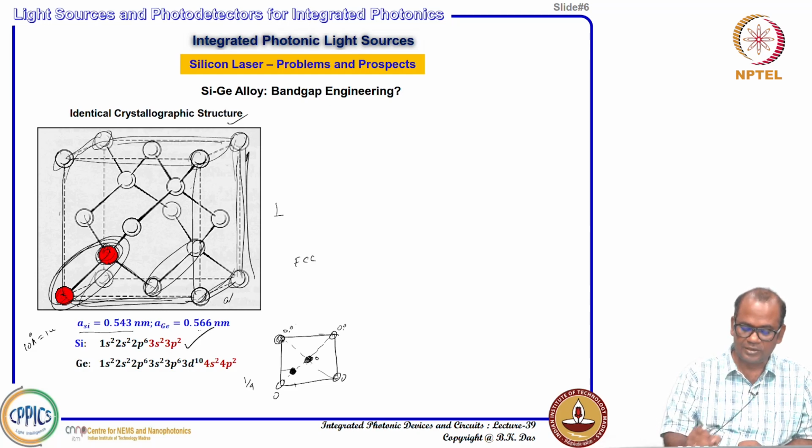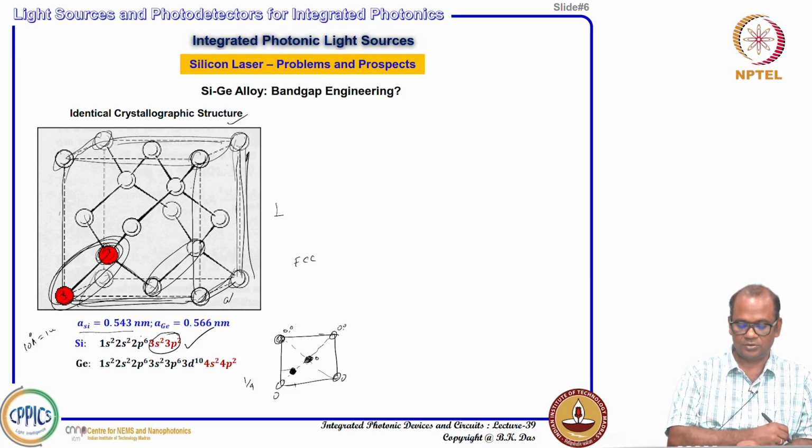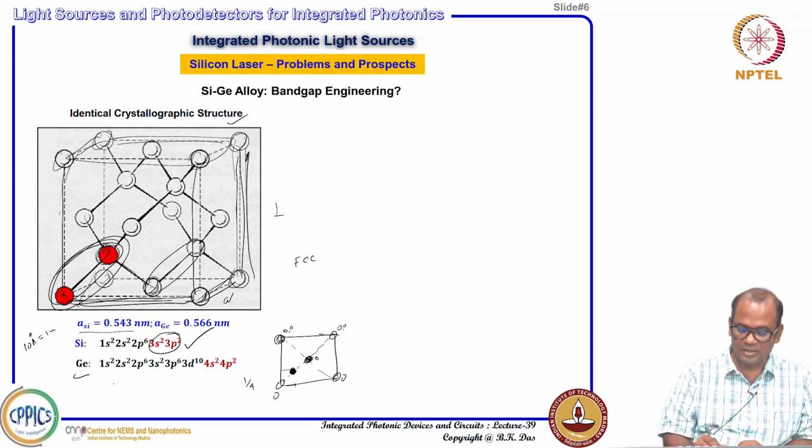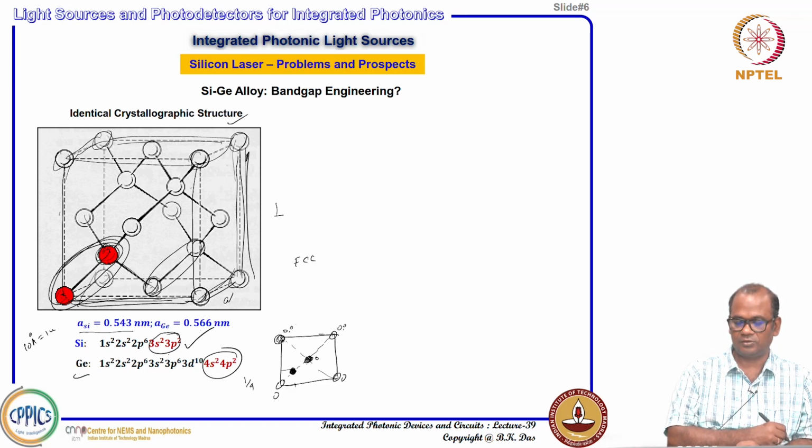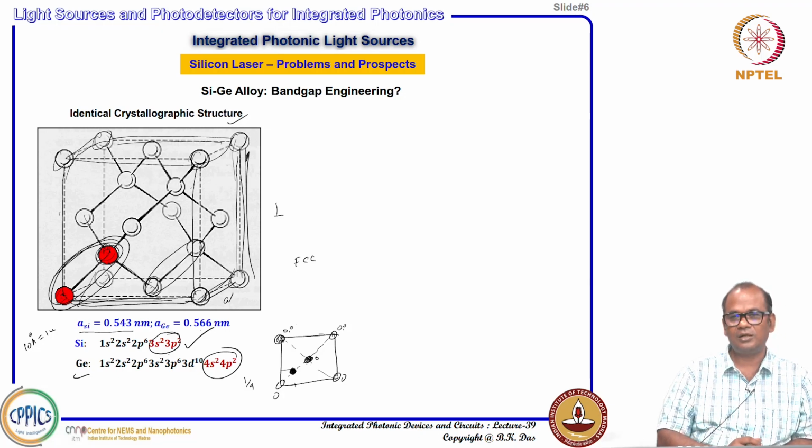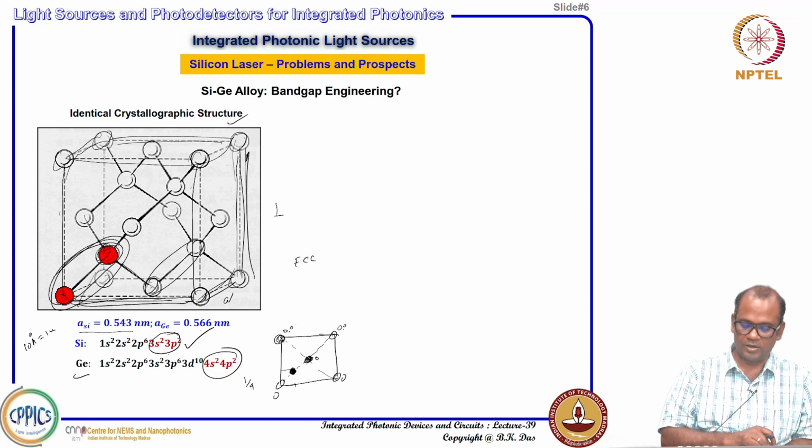In the silicon electronic structure there are 14 electrons, of which 4 are valence electrons, and in germanium there are 32 electrons, of which again 4 are valence electrons. So germanium atoms have a little more electrons, and obviously its size will be different compared to silicon.